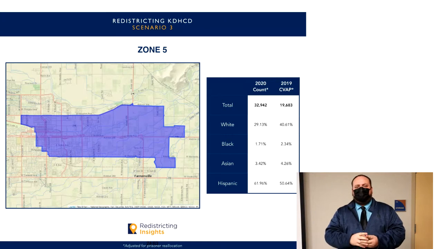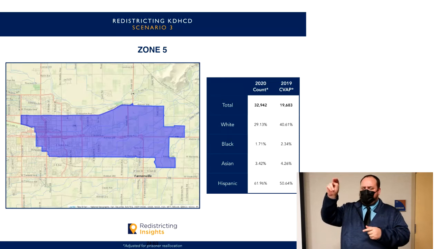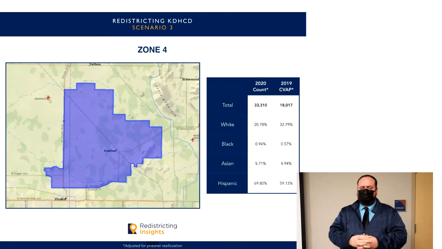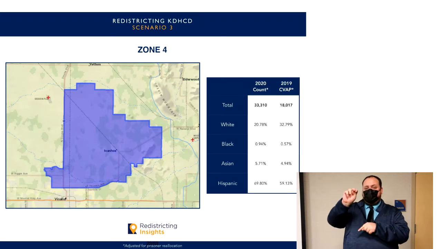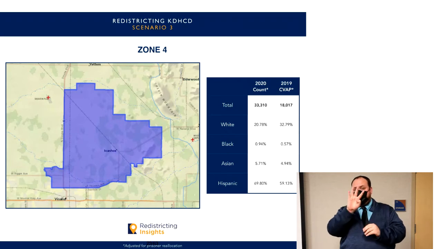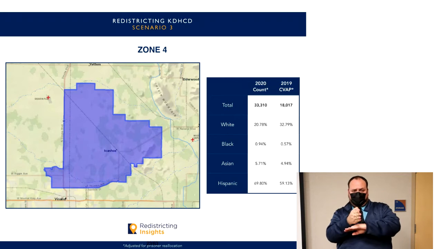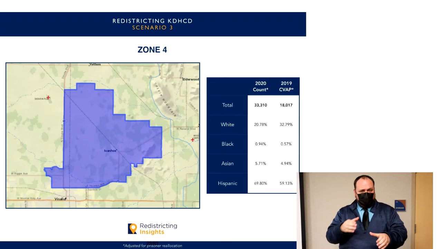And then we'll move up north from that. Another northeastern district, labeled District 4 for Scenario 3. It is 0.58% over the population goal deviation, and 59.13% Hispanic CVAP, so getting fairly close to 60%.